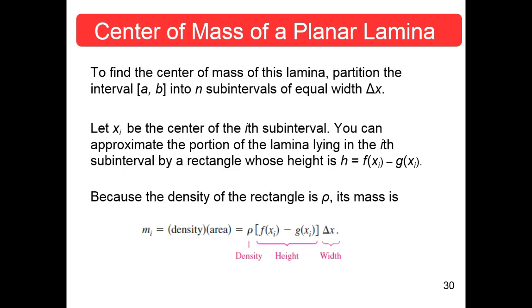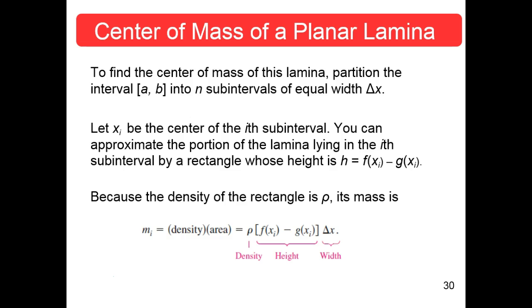To find the center of mass, you then have to partition the interval into n subintervals, and again, use your delta x's because delta y's would really be difficult to deal with. So let x sub i be the center of the ith subinterval, and approximate the portion of the lamina by a rectangle.